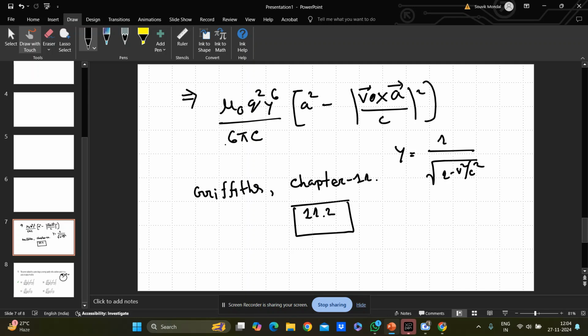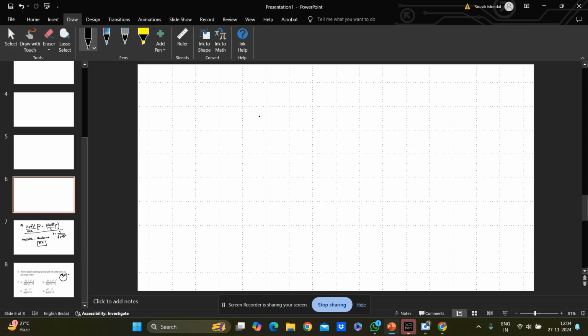Now I will tell you a little bit about how to memorize this formula. Even I don't memorize everything, but by some trick I can. The first thing to keep in mind is the basic Larmor formula.